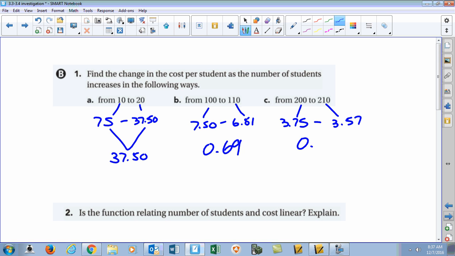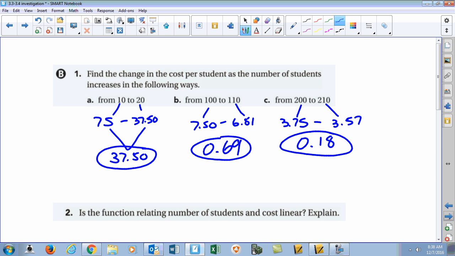This is less than 1. 18 cents. So do you see how the cost per student, as that number gets higher, it really doesn't save us that much money, does it? I mean, let's be honest though. Paying $3.57 is a whole lot better than paying $37.50, right? But as you can see here, the drop in cost isn't a ton, especially as these groups really increase significantly, right?